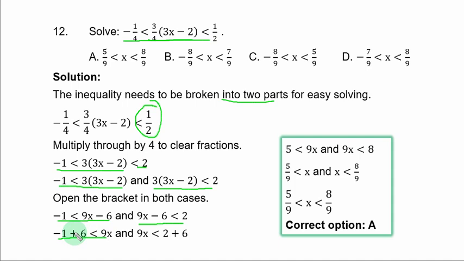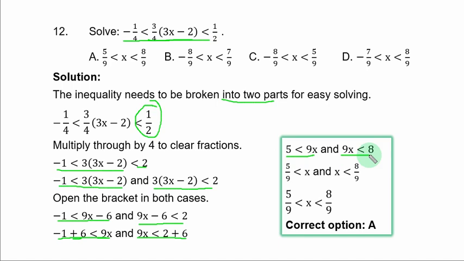Minus 1, if you transfer minus 6, it becomes plus 6, so minus 1 plus 6 less than 9s. And if you transfer minus 6 here, you have 9s less than 2 plus 6. If you add, you have 5 less than 9s and 9s less than 8.